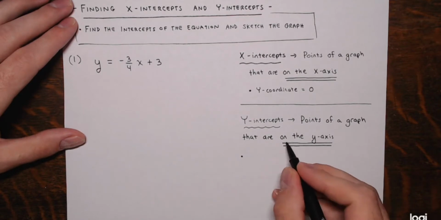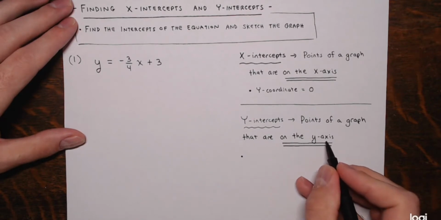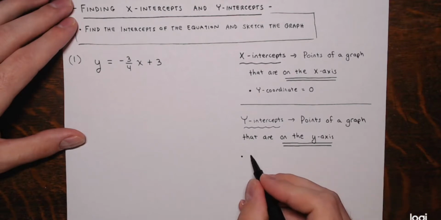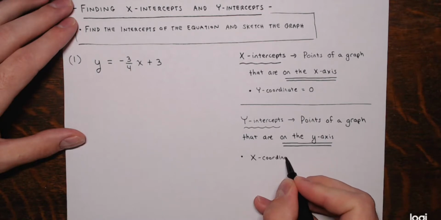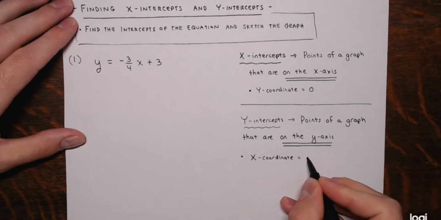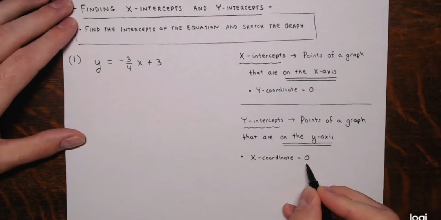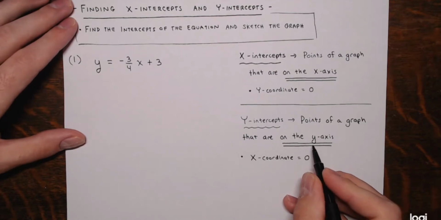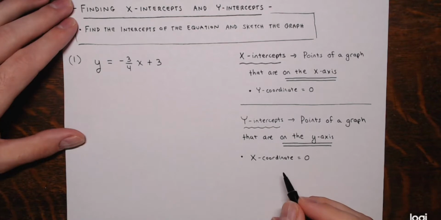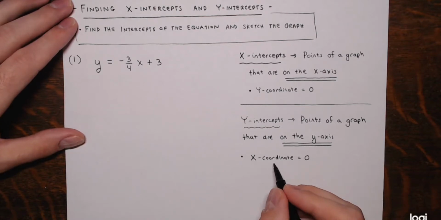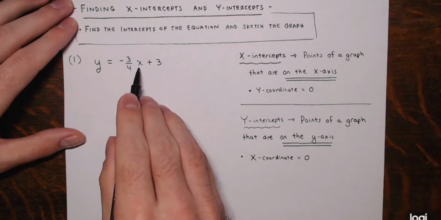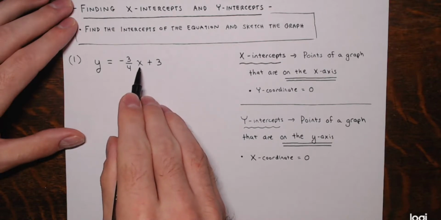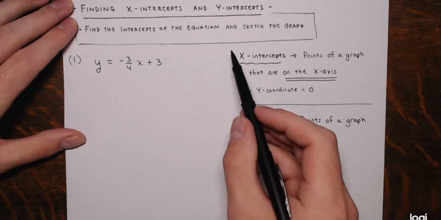And if you're a point on the y-axis, that means that your x-coordinate must be 0. Right? If the x-coordinate of the ordered pair is 0, then you're on the y-axis and you are a y-intercept. So that's how we're going to find y-intercepts. I'm going to replace x with 0, right? The x coordinate with 0, and solve for y. And it's really that simple.